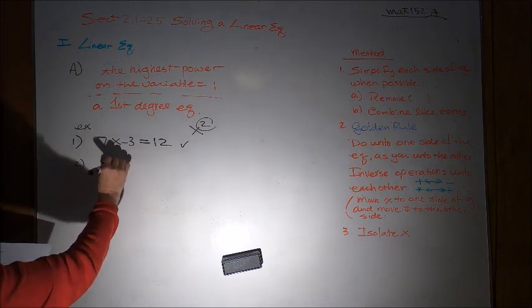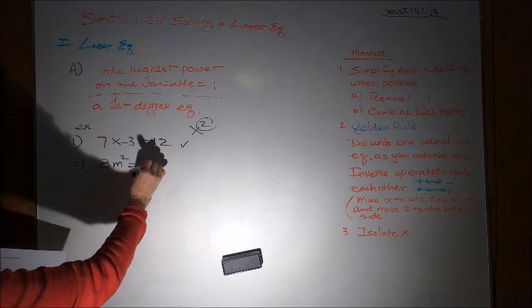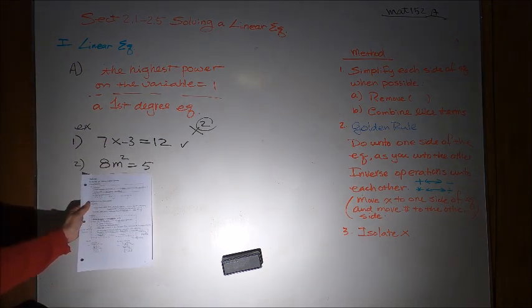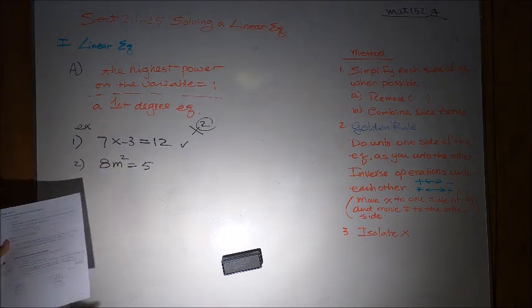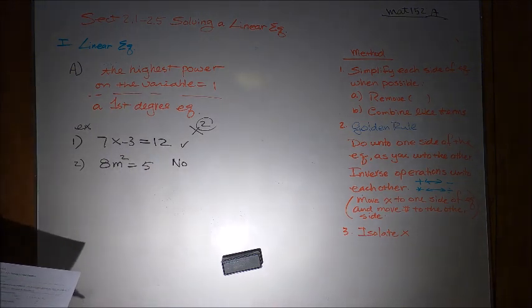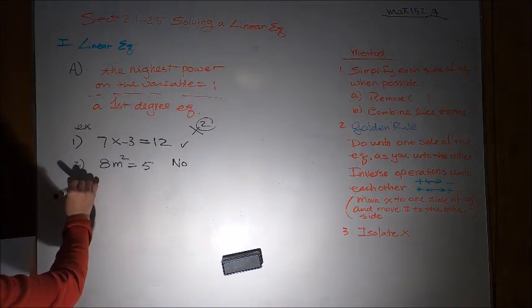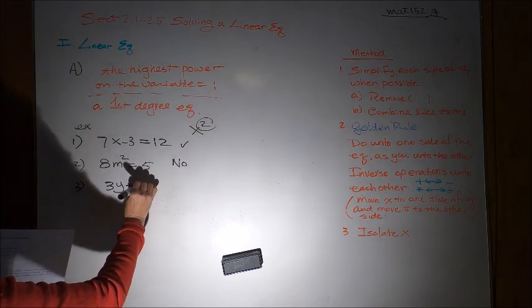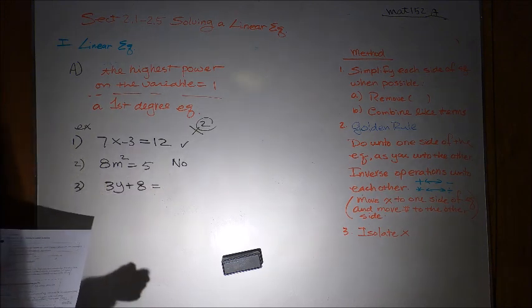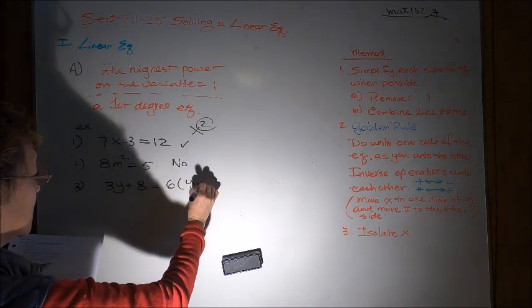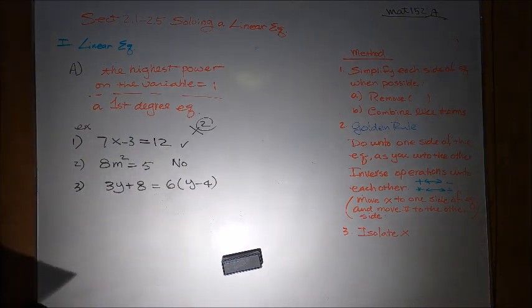For the second one, if you have this, do we have an equation? Yes. What's the power on the variable? It's 2. So is this a linear equation? No, we will not say so. For the third one, you have 3y plus 8 equals 6 times y minus 4.